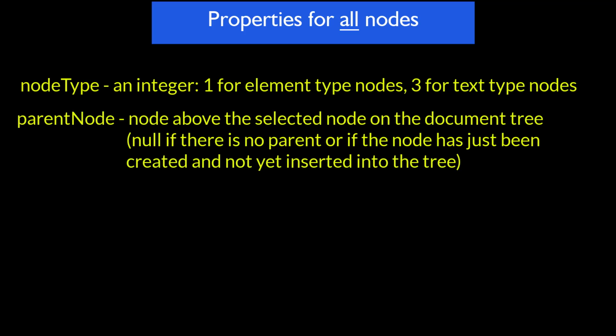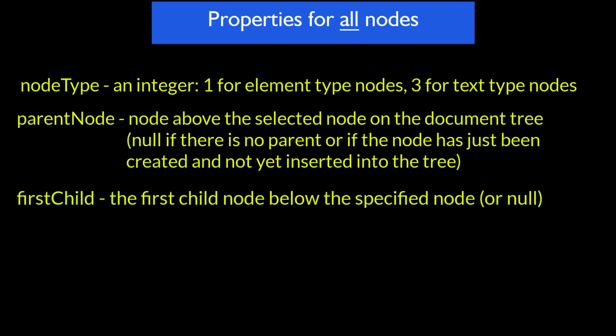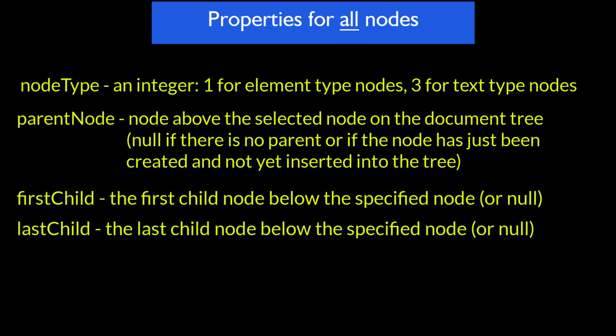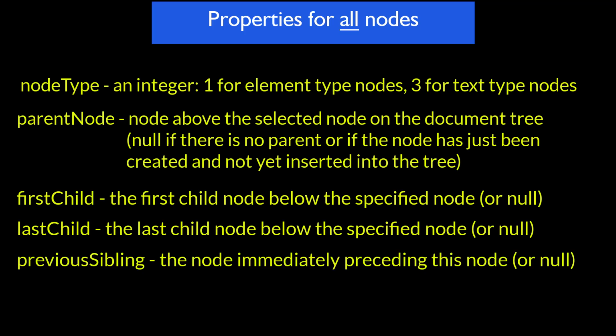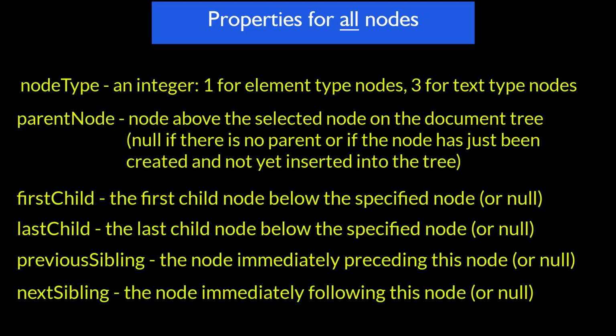Null if there is no parent or if the node is just being created and not yet inserted into the tree. firstChild: the first child below this node, or null. lastChild: the last child below this node, or null. previousSibling: the node immediately preceding this node, or null. And nextSibling: the node immediately following this node, or null.